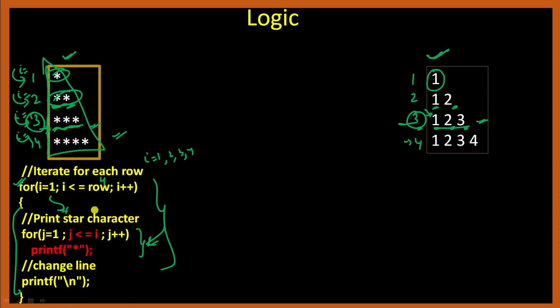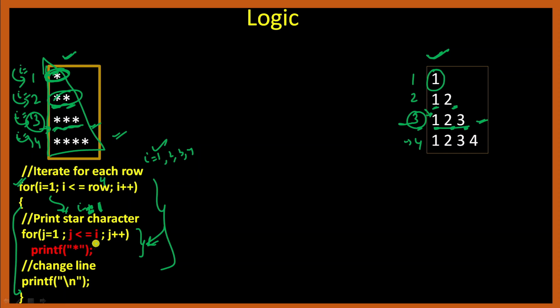For I equal to 1, this inner for loop, which is printing the stars in each row, should run. In the first row, how many times do we have to print the star? 1 time. So for I equal to 1, this loop should run how many times? 1 time only.